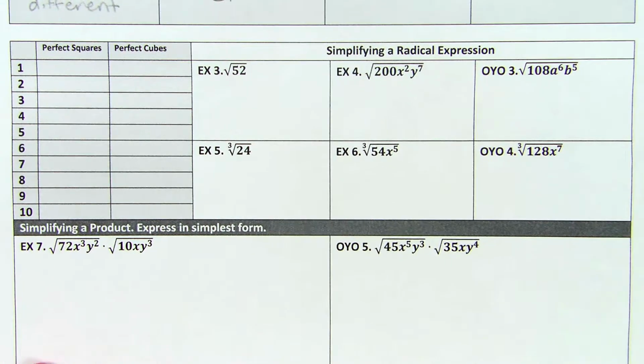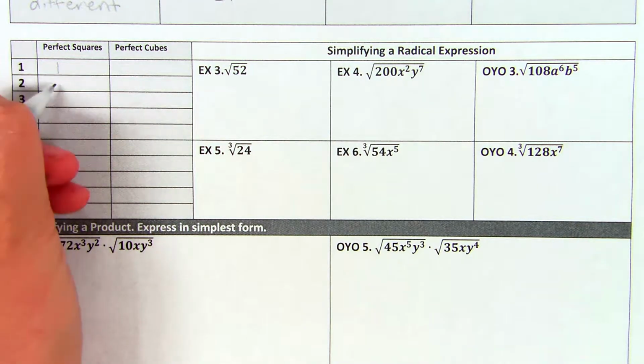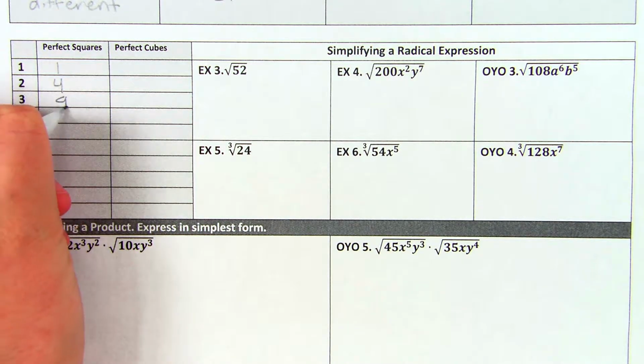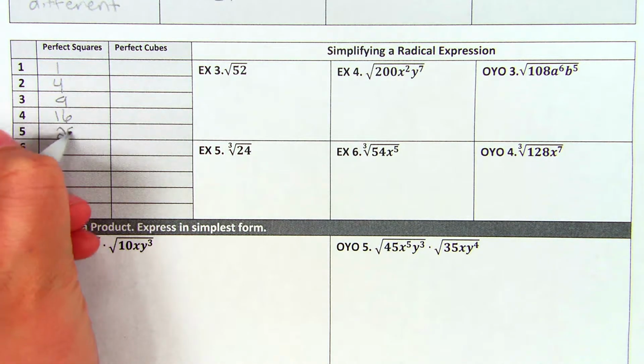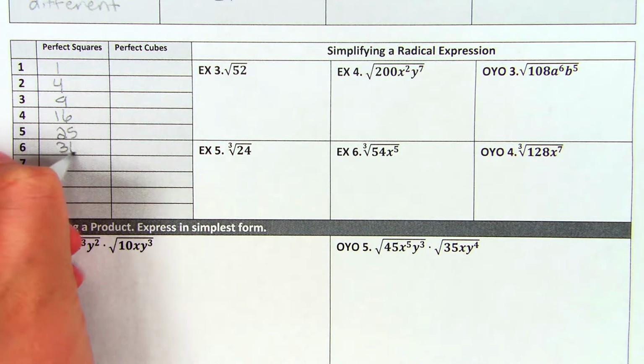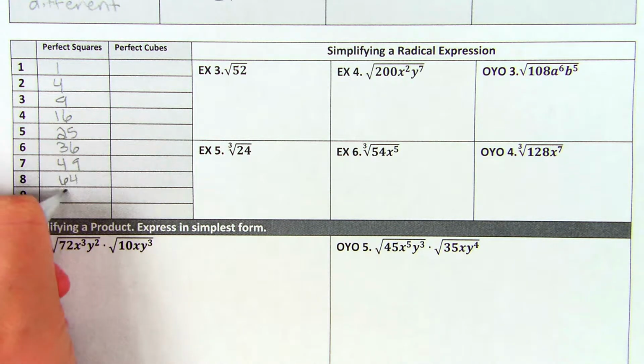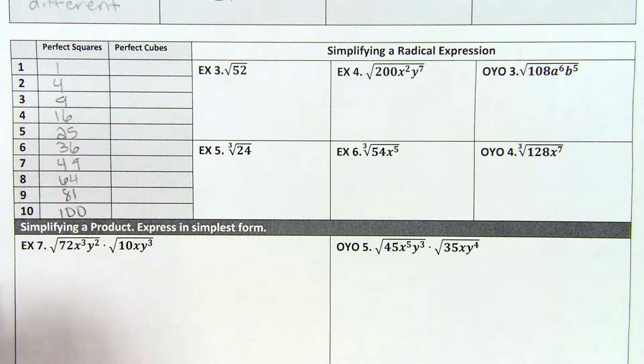So our perfect squares 1 to 10 are 1, 4, 9, 16, 25, 36, 49, 64, 81, and 100.